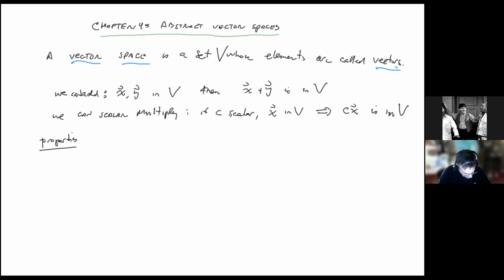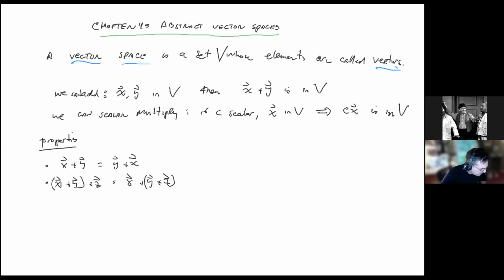So the first property is that if we take X plus Y, it doesn't matter the order we do it, it should be the same as Y plus X. We should also say that if we have X plus Y and then we add Z, we have the same thing as X plus Y plus Z. Okay, then there is an axiom, there is a zero, there is a vector 0 in V such that X plus 0 is always given by X.